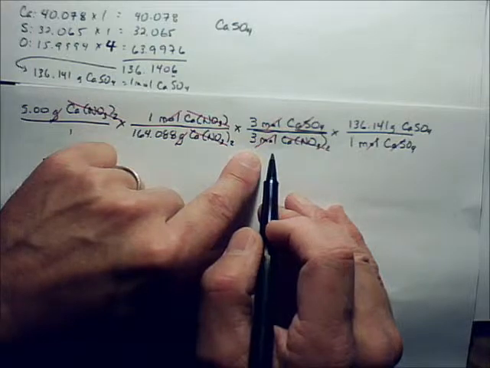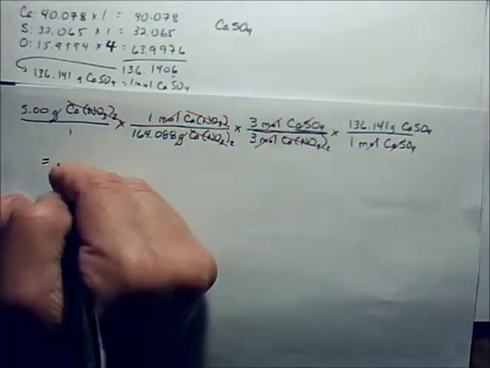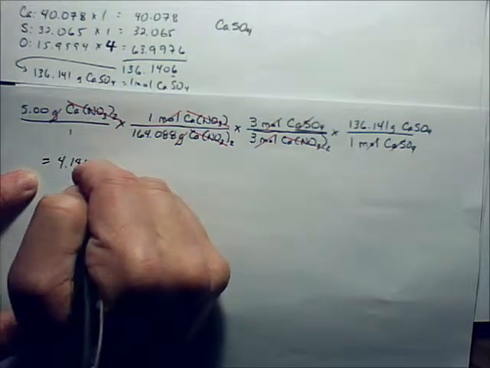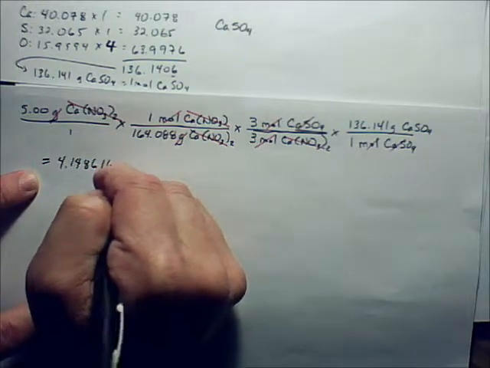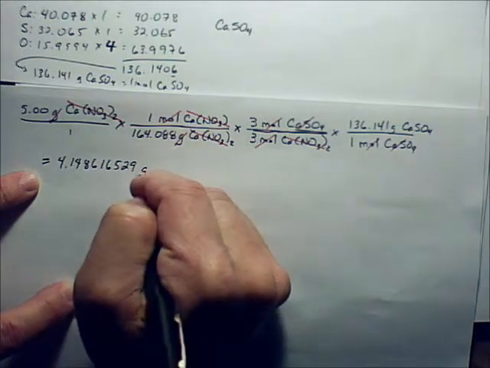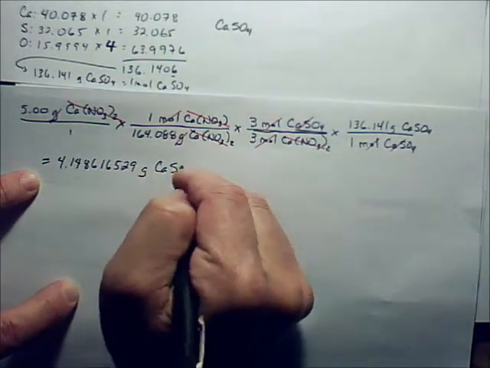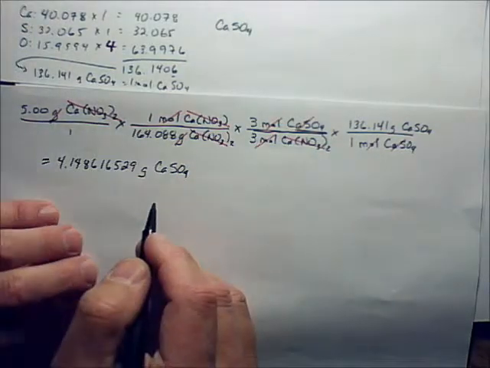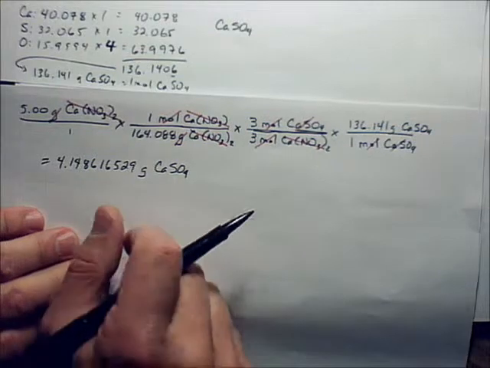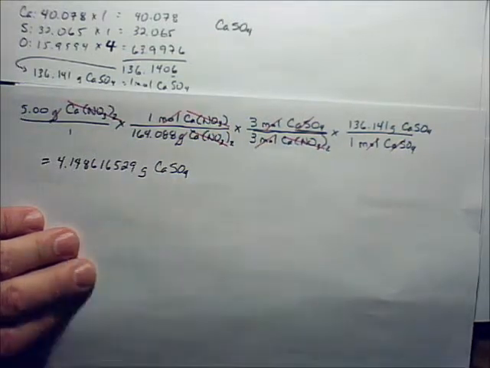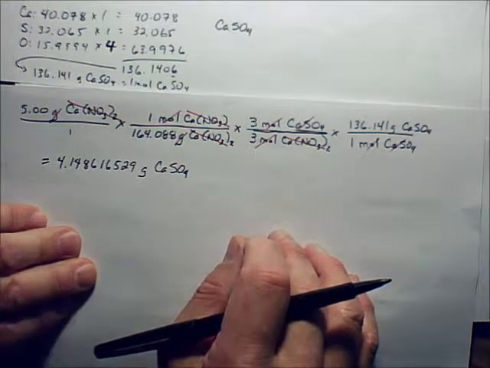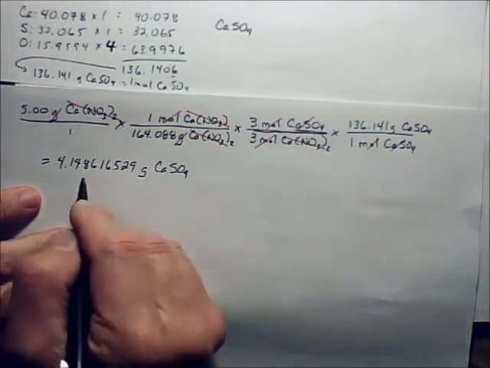Then you should have this answer: 4.8616529. If you didn't get that answer, maybe you had an error in your calculator. Always do your math in your calculator twice. Let me try again. I think I did a logarithm.